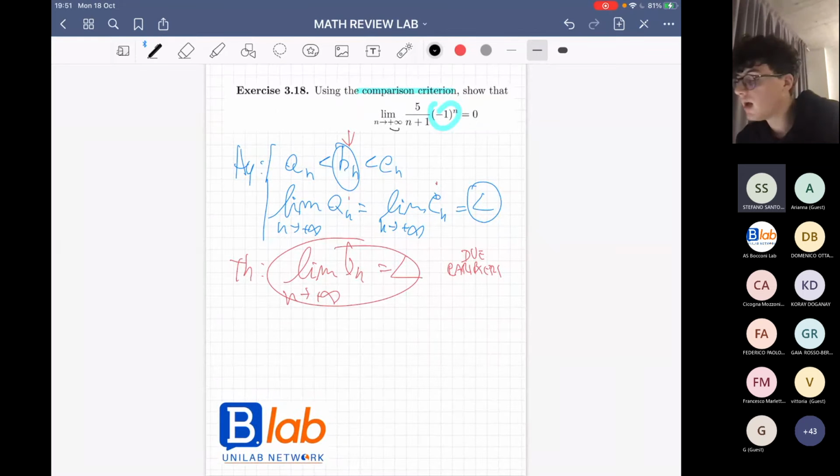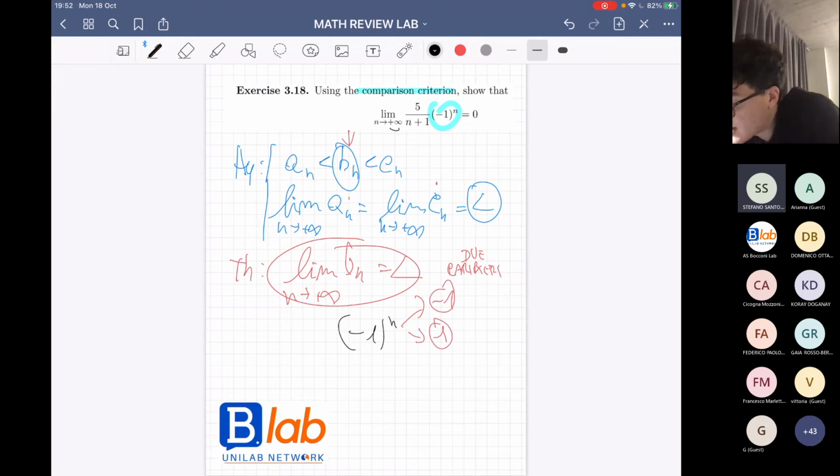Everyone has to know that if we substitute for n every kind of number, 1, 2, 3, 4, 10,000, 11,000, whatever, it can only have two values, -1 or 1, because -1 to the power of any number is either -1 or 1.